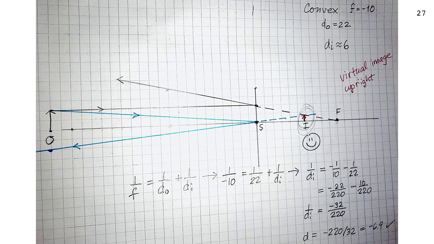So where is your image? Well, the image appears to be in this direction, somewhere back this way. And it also seems the rays from the top of the arrow are coming from somewhere back there. So here's how we figure it out. We run the blue bounce out ray backwards as a dashed line behind the mirror.